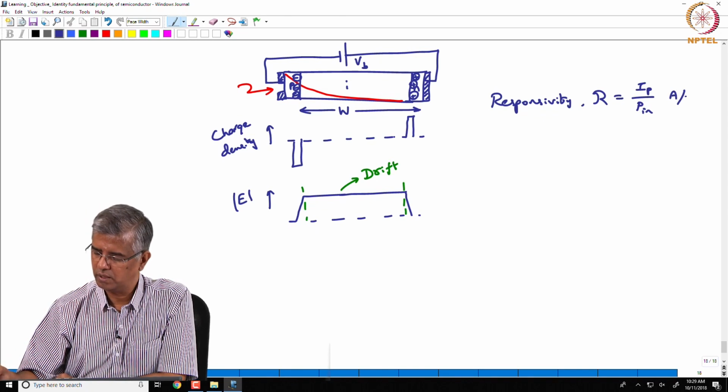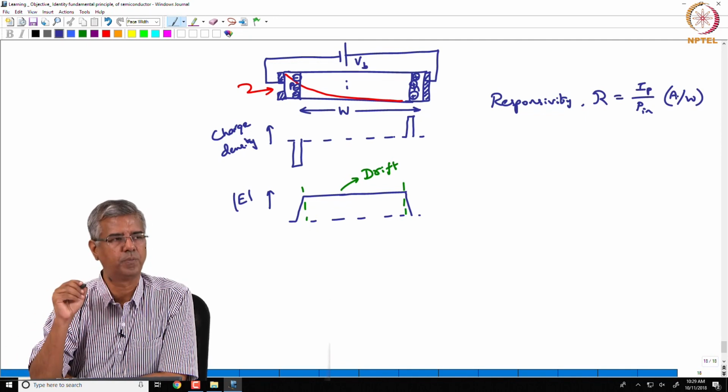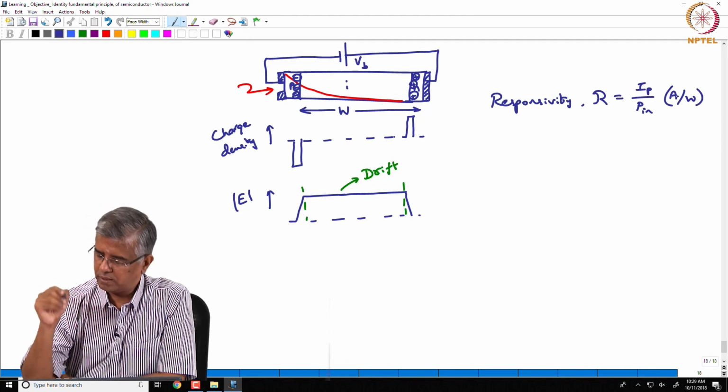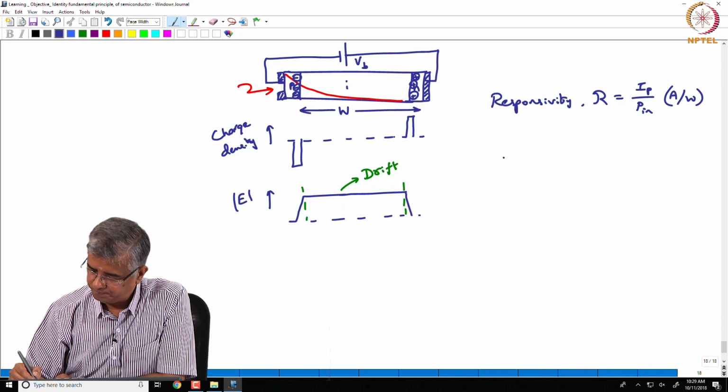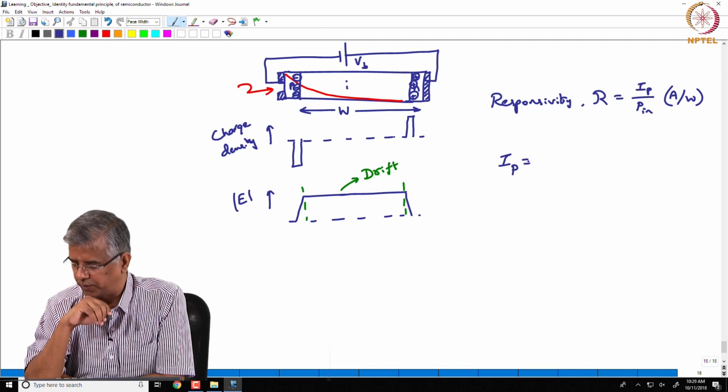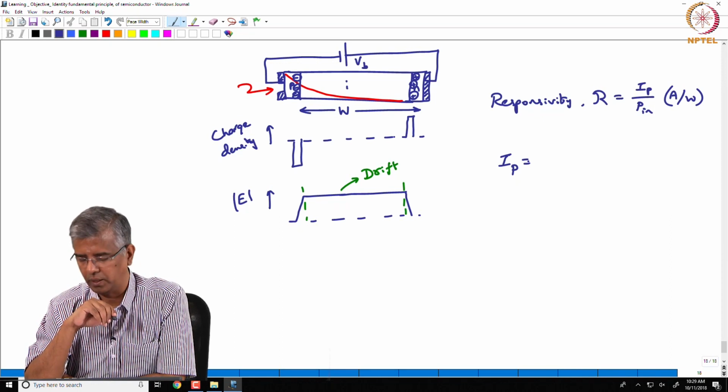So this is in units of amperes per watt. So let us now try to find an expression for IP.